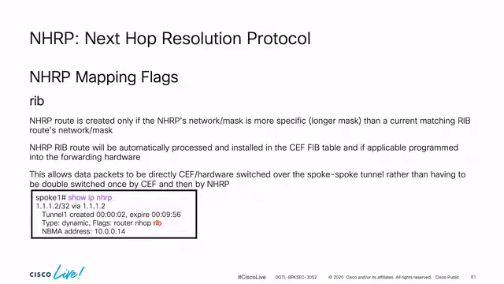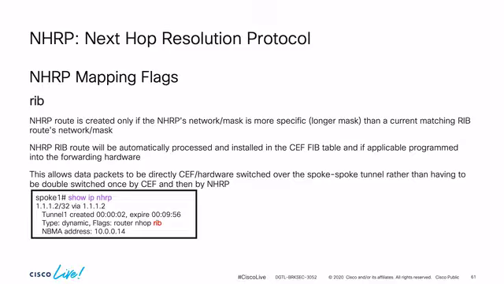And the NHRP rib route is going to be automatically installed in the CEF FIB table, and if applicable, it's going to be programmed into the hardware too. So how would you actually take a look at it? If you were to look at a show IP NHRP, the NHRP table, you would be seeing that particular flag which says rib, which indicates that the NHRP route has been installed in the routing table.